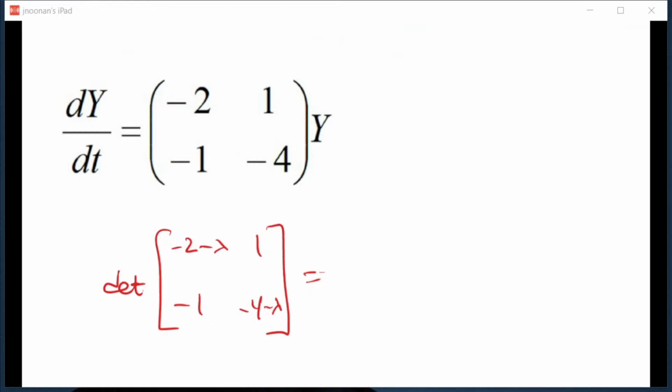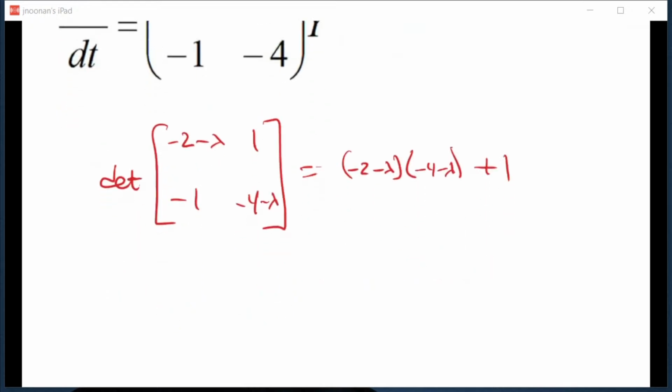So what do we got here? This is going to be (-2 minus lambda)(-4 minus lambda) + 1. Hopefully I can do my math right this time. We're going to find out. So that will equal lambda squared plus 6 lambda plus 9. Double check, because I don't trust my algebra at this point.